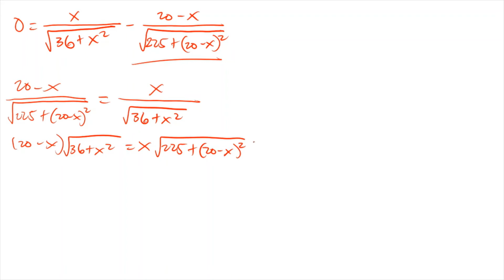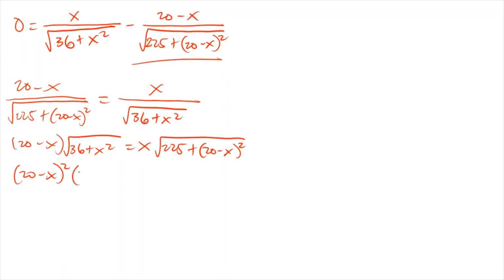Okay, and then we can simplify this one by eliminating the radicals. To eliminate the radicals, we can square both sides of the equation. Okay, so if we square both sides, this becomes 20 minus x squared.